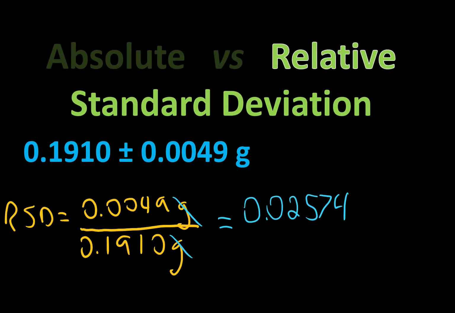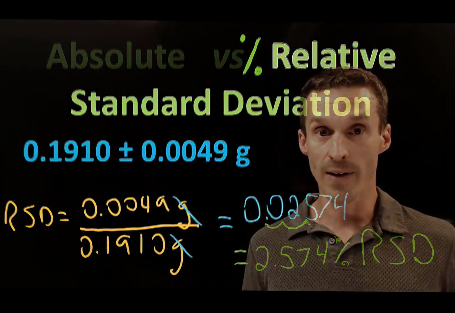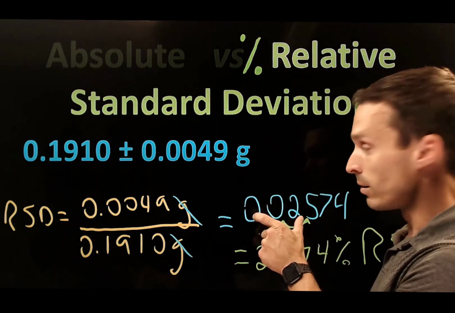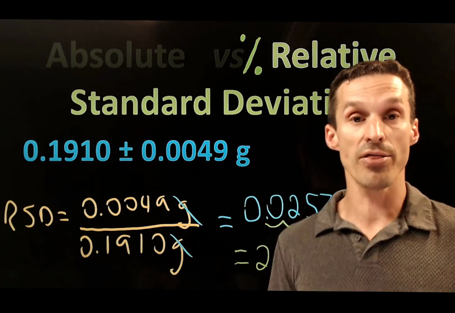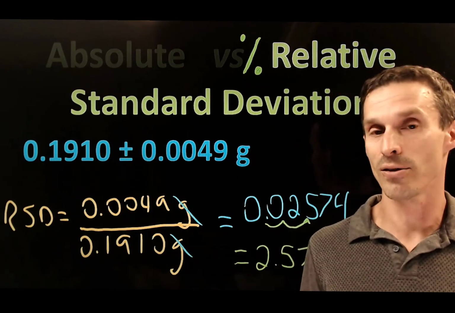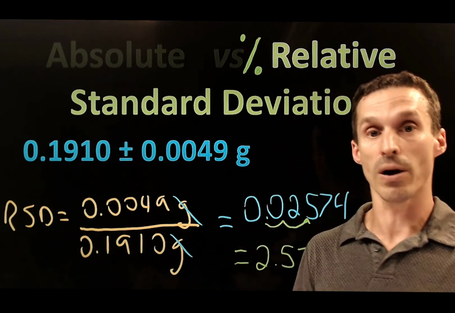If you'd prefer to report this as a percentage, you can just multiply it by 100 and you get 2.5%. In fact, if the number is really small, you're allowed to multiply by 1,000 or 1,000,000, and now you'd be reporting a relative standard deviation in parts per thousand or parts per million.